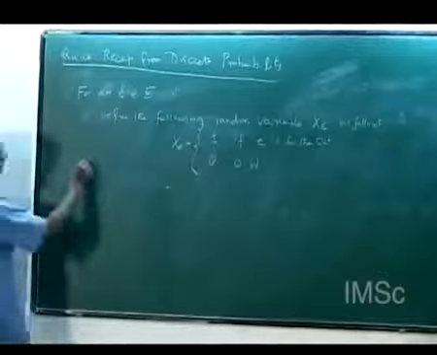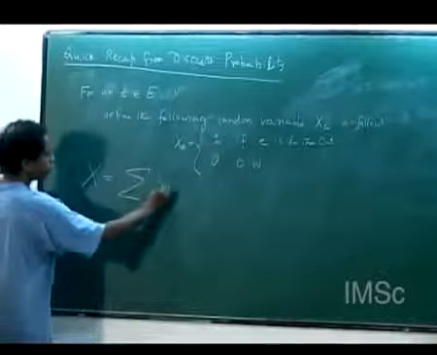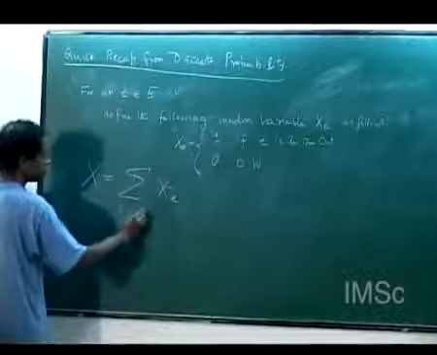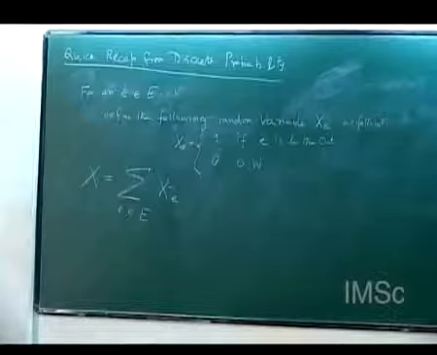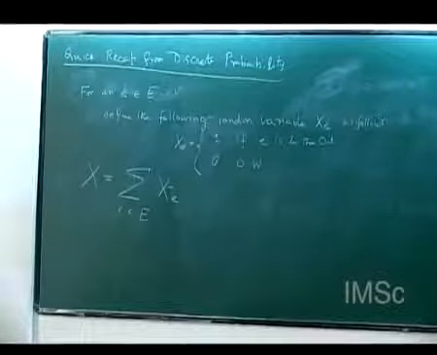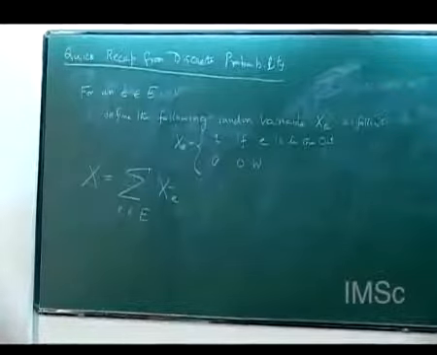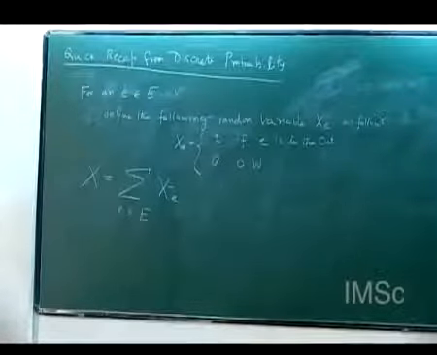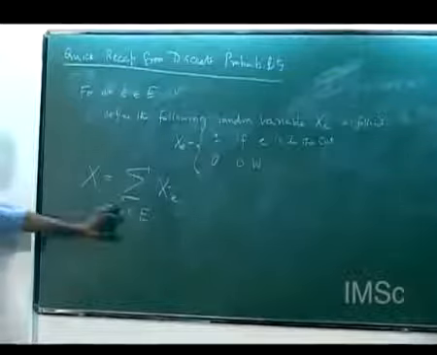Now define the following random variable. X is just the summation over XE, where E runs over the edge set. For every edge you have a random variable XE which alternates between 1 and 0 in your random experiment, and you define the new quantity X equal to the summation of XE, E running over the edge set.